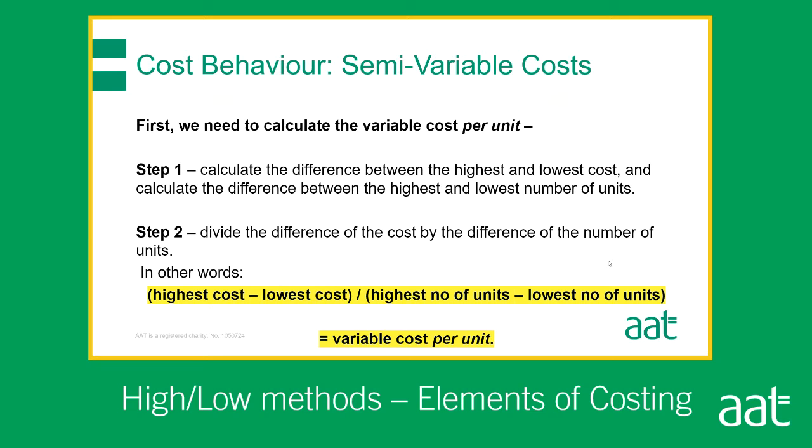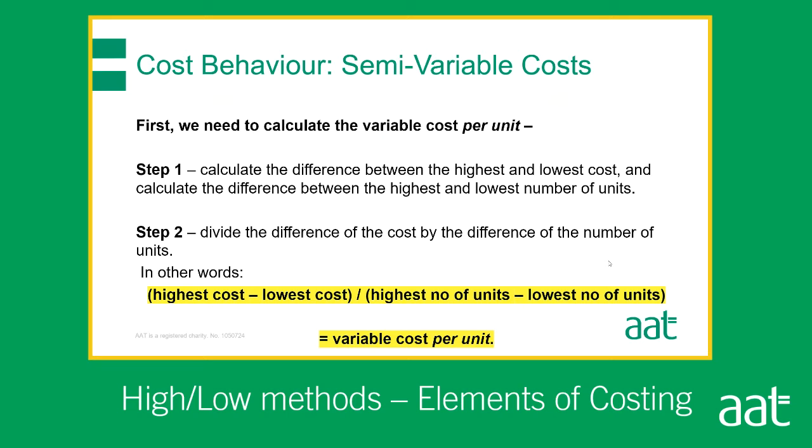In other words, highest cost minus lowest cost, divided by the highest number of units minus the lowest number of units, gives us our variable cost per unit.